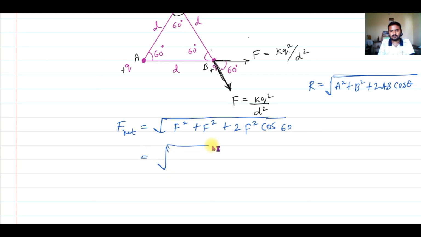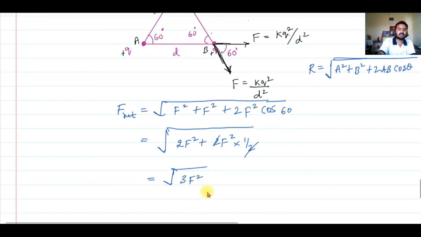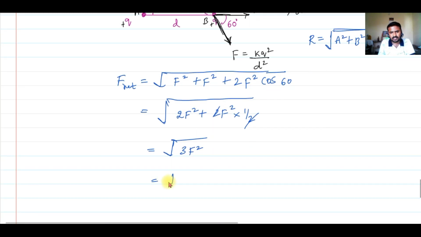Square root of F square plus F square is 2F square, plus again this 2F square, cos 60 is 1 by 2. So now the 2 and 2 will get cancelled, so you're going to get the root of 3F square, right? And now this is nothing but root 3 times F. You can take this F square out of the square root, it will become just F.